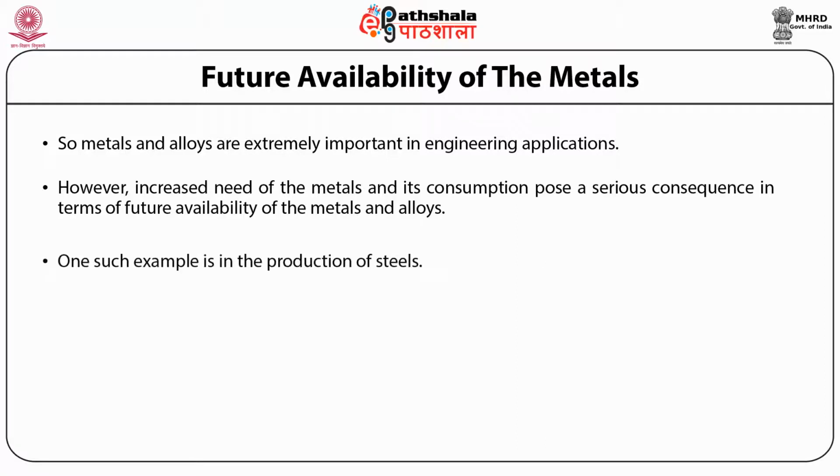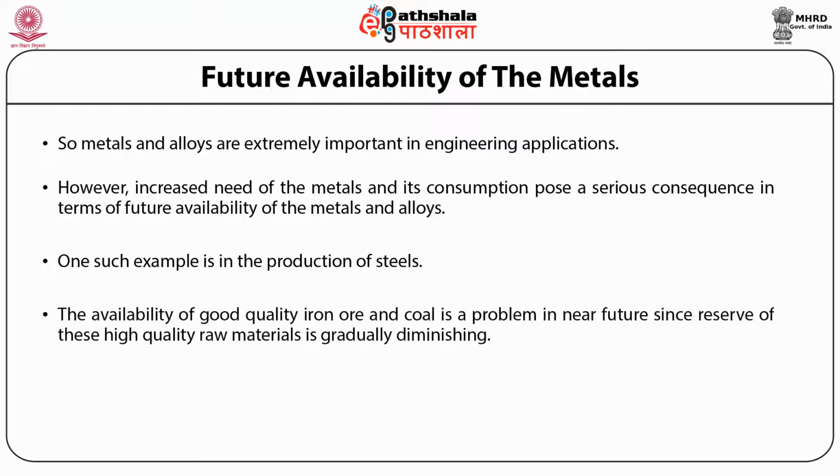One such example is in the production of steels. The availability of good quality iron ore and coal is a problem in the near future since reserves of these high quality raw materials are gradually diminishing.